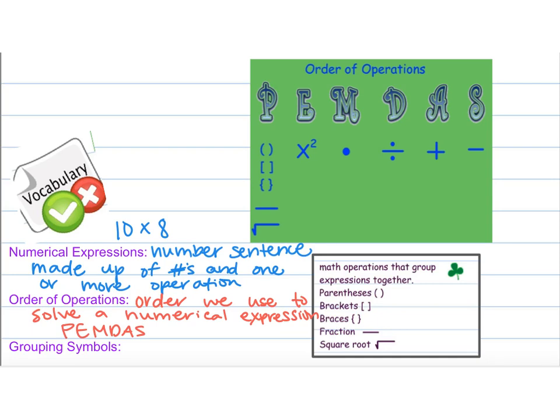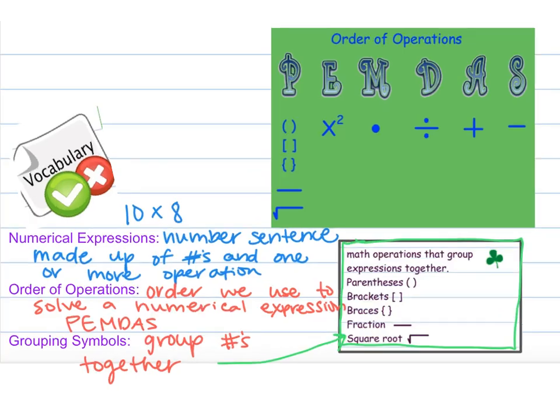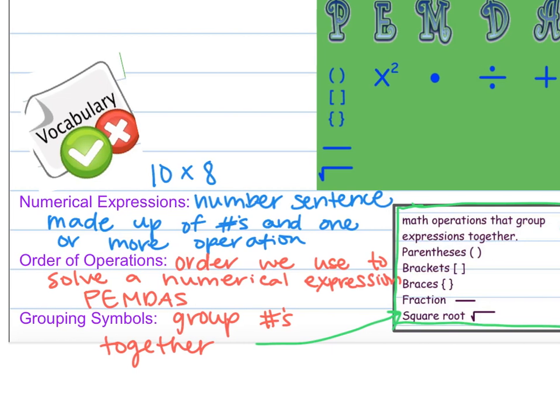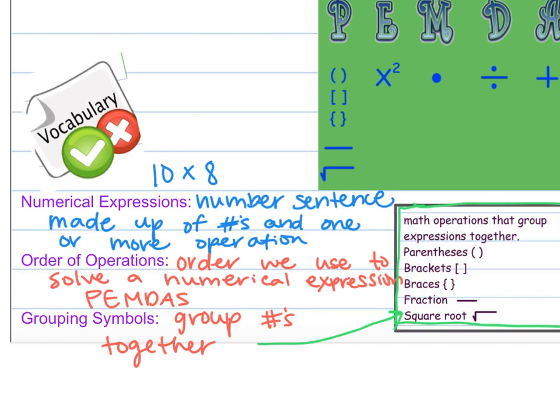These are used to group numbers together. Now, everything in, let me change colors here, everything in this box, these are grouping symbols. So you should write all of these down to go with that definition. Okay. So we have parentheses, brackets, braces, a fraction, and a square root. Okay, so I'm going to just zoom in here. Make sure you have all those words written down with the definitions.